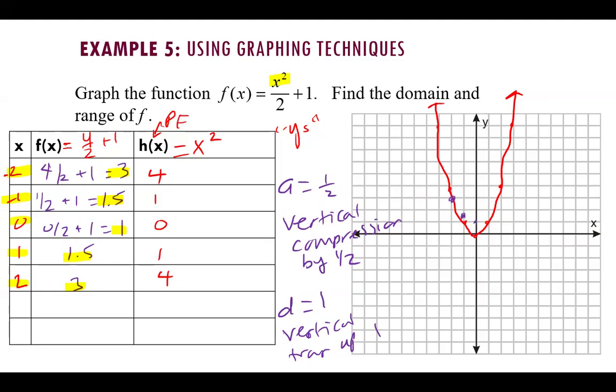I'm sorry. I highlighted and everything. And then we're at 1. We're at 1.5. And then we're at 2, 3. So I'm going to go to 2, go to 3. So you can see that even though it's not like a big one, but we were compressed.